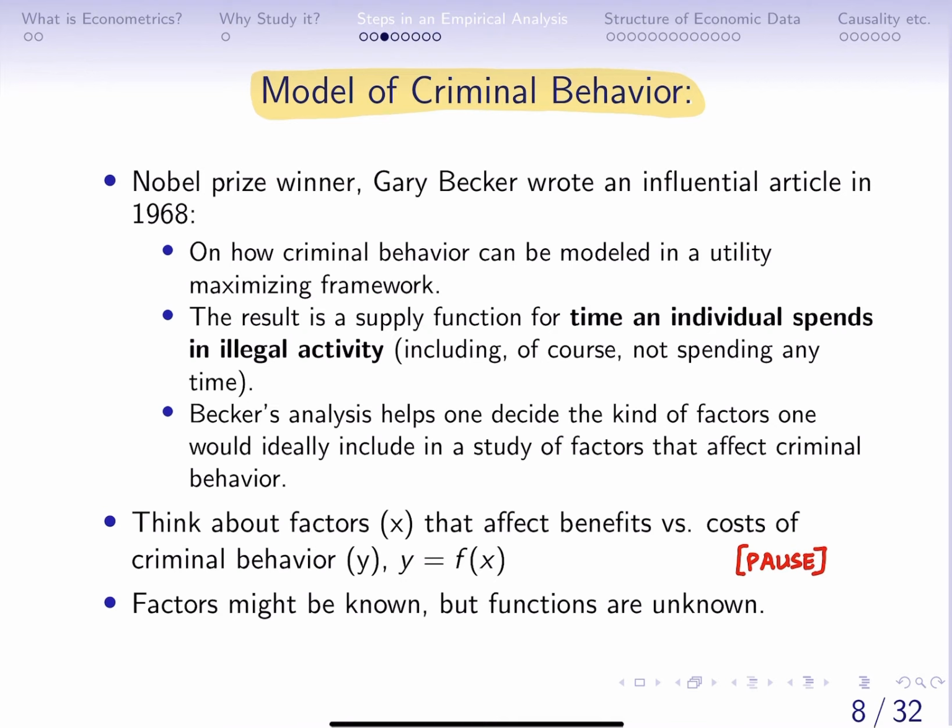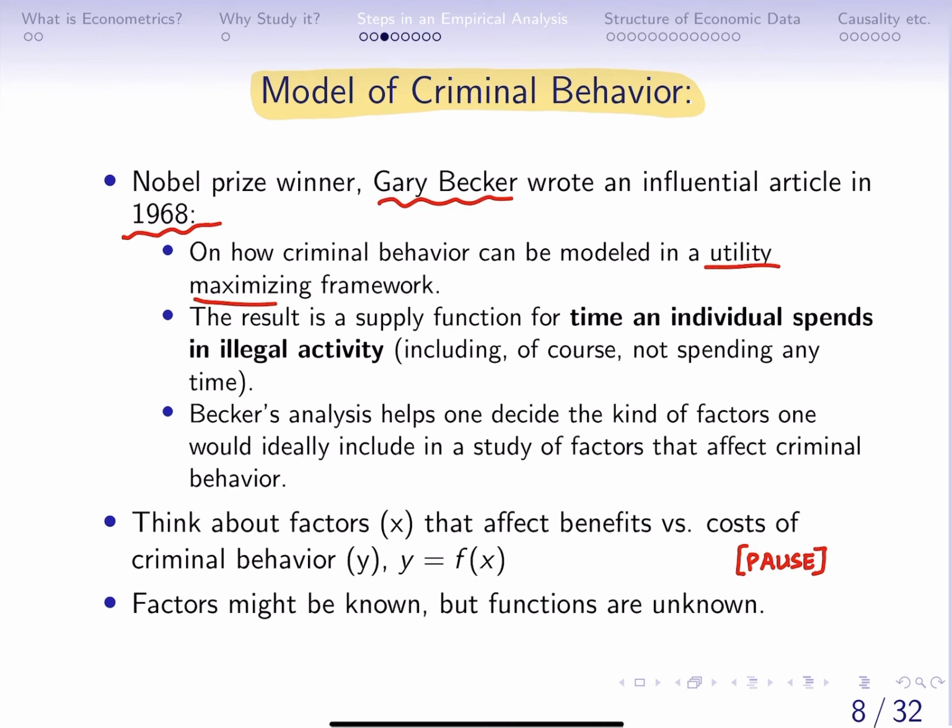So this was some influential work that Gary Becker, who was a Nobel Prize winner, wrote back in 1968. And he had this model of criminal behavior that he published. So he thought about a utility maximizing framework, but let's think about it conceptually here.